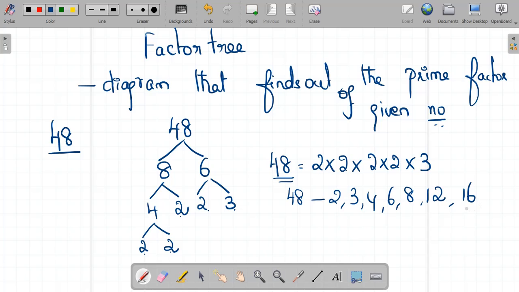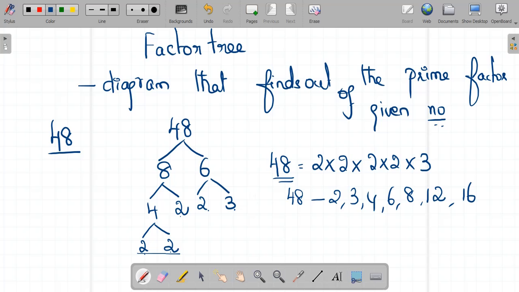So we have drawn a diagram such that the last part, which we call a leaf, is the point beyond which we cannot split those numbers. These are written as prime factors, where you cannot draw any more branches to this node. If you draw such a diagram of prime factors, then that tree is called a factor tree.